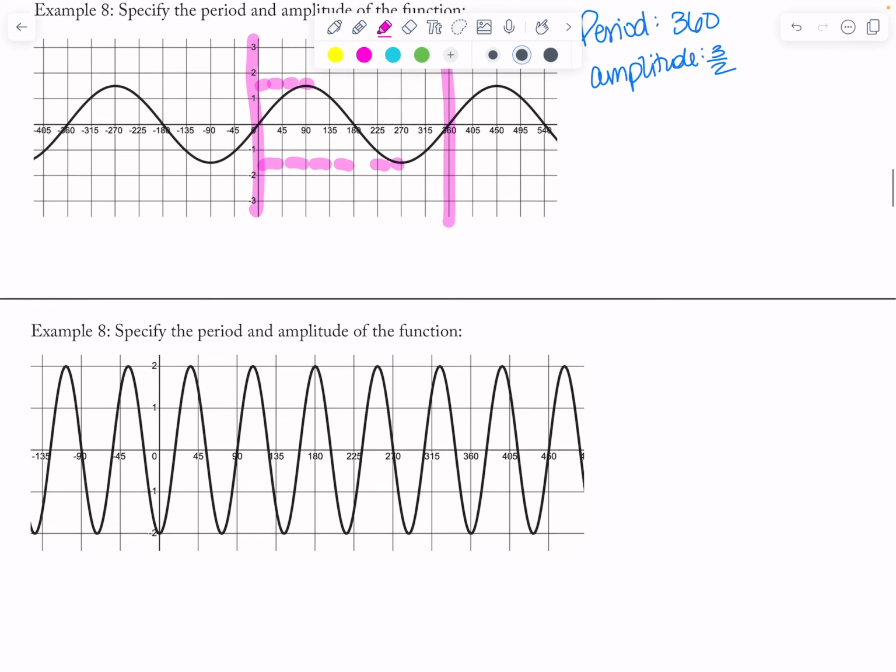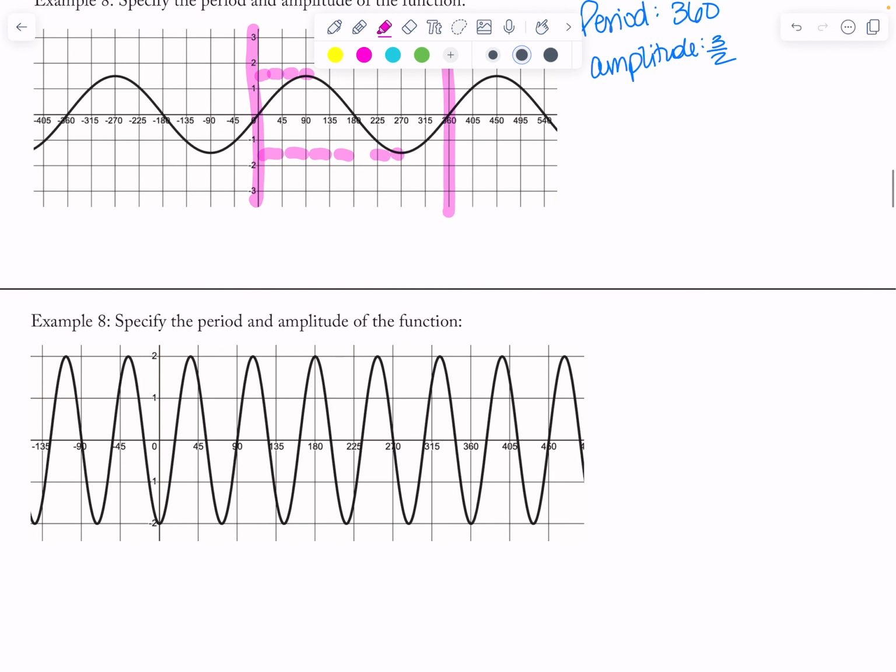Okay, so now we'll look at this one, and this would be an inverted cosine because it looks like an upside down V. And then halfway between 90 and 45. So that's 45 divided by 2.